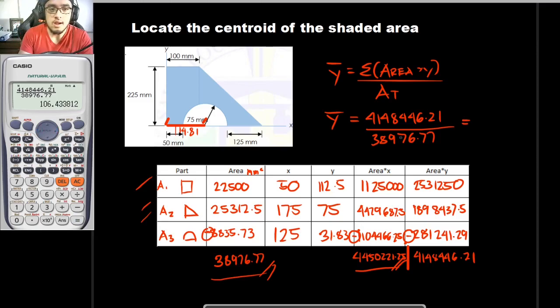So our answer here is equal to 106.43 mm. So meaning our centroid for this particular figure is located somewhere here.